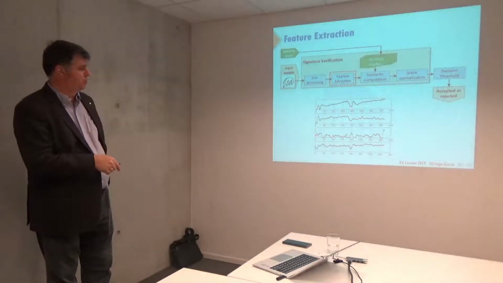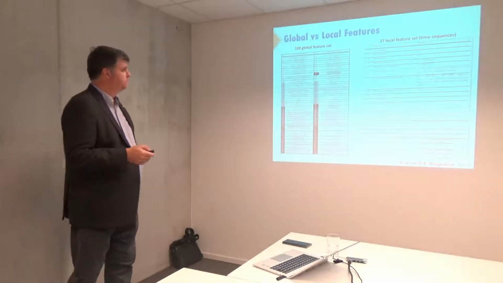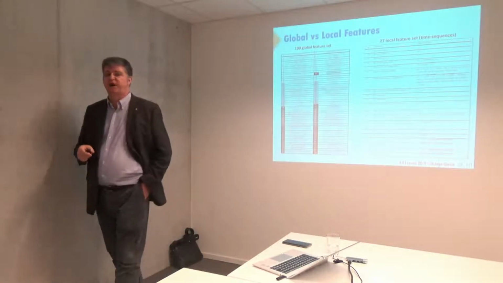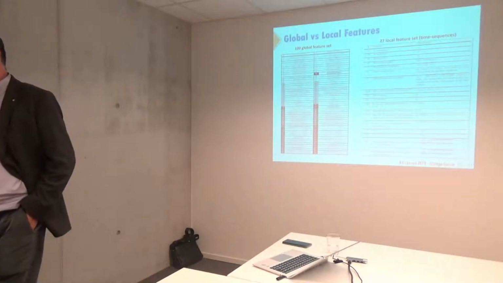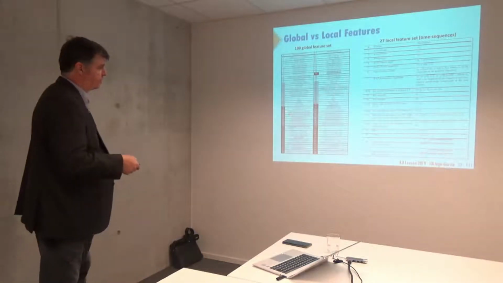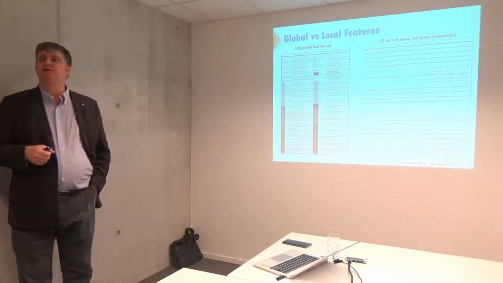So this is what you capture, and these are two traditional ways of extracting your feature information. Okay, this is from a holistic point of view, the global feature set.